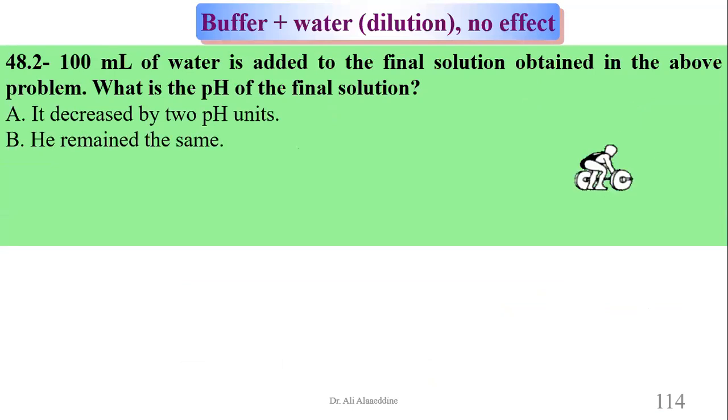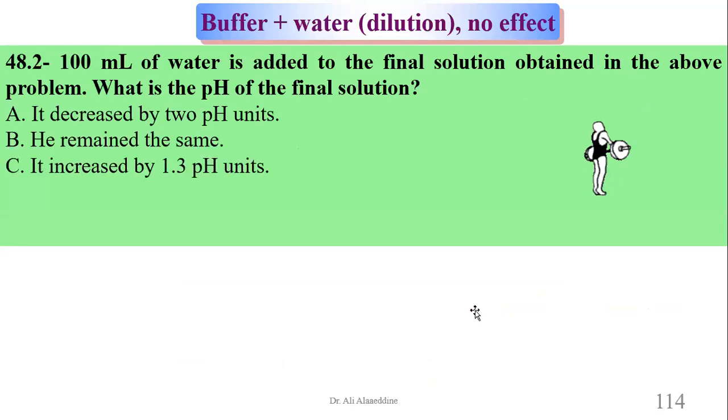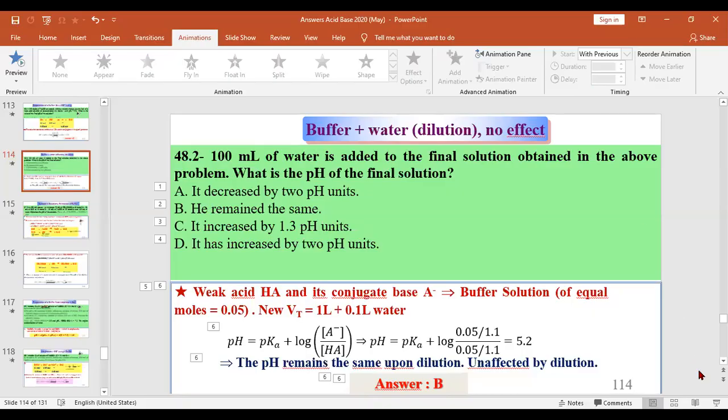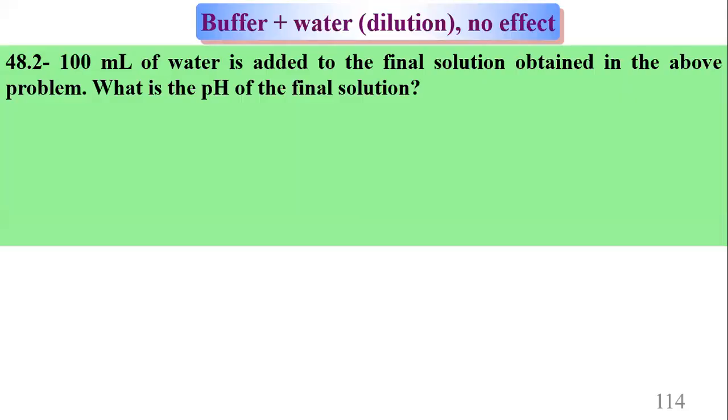And the next part is as well. In this question, part 2 of number 48, it asks, if I have the same solution, and 100 milliliters of water was added to that solution, what will the final pH of that solution be? Remember, guys, the final pH, will it decrease by 2 pH points?